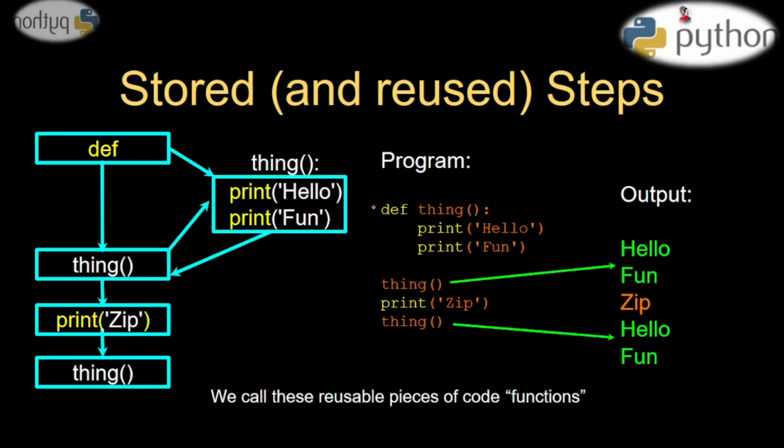Look, this is an example code written to show you how we define a function. Just write here the def keyword.